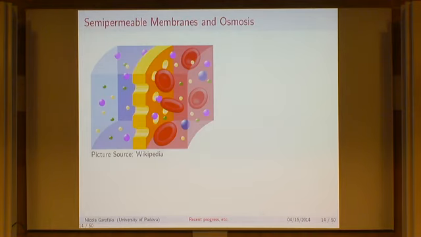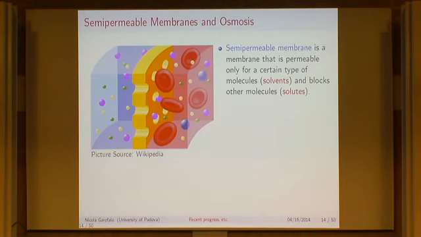Suppose you consider a semi-permeable membrane. Semi-permeable membranes are permeable only to a certain type of molecules, which are the solvents, and block other molecules, which are the solutes.